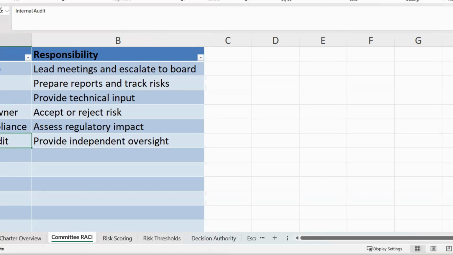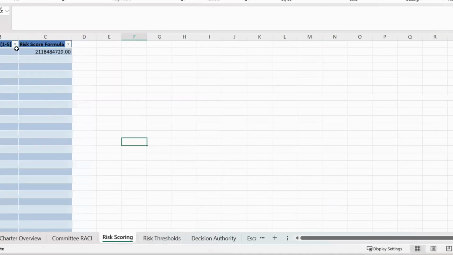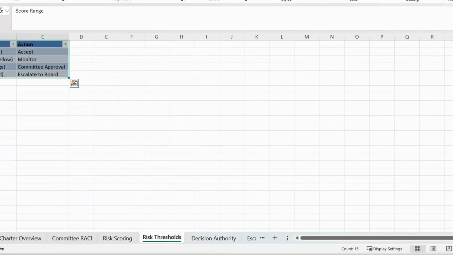You must operationalize decision making within your organization, and this is where your risk scoring comes into the picture. You establish a standardized scoring model with your likelihood, your impact, and your risk score calculations. Once that has been achieved, you want to move on to establishing your risk thresholds.